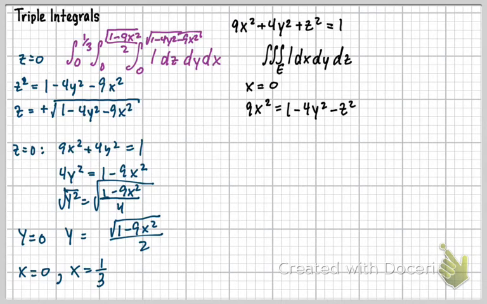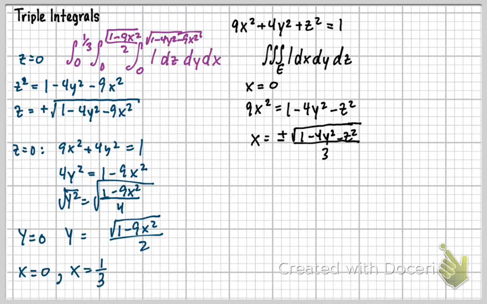Then I'm going to move the 9 over and square root both sides. So x equals plus or minus the square root of 1 minus 4y squared minus z squared, over 3, because I did that part in my head. I wanted to keep the space limited.